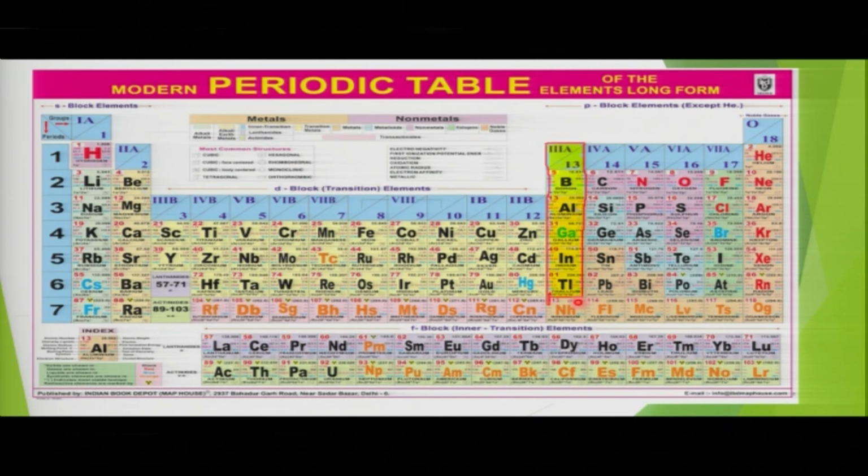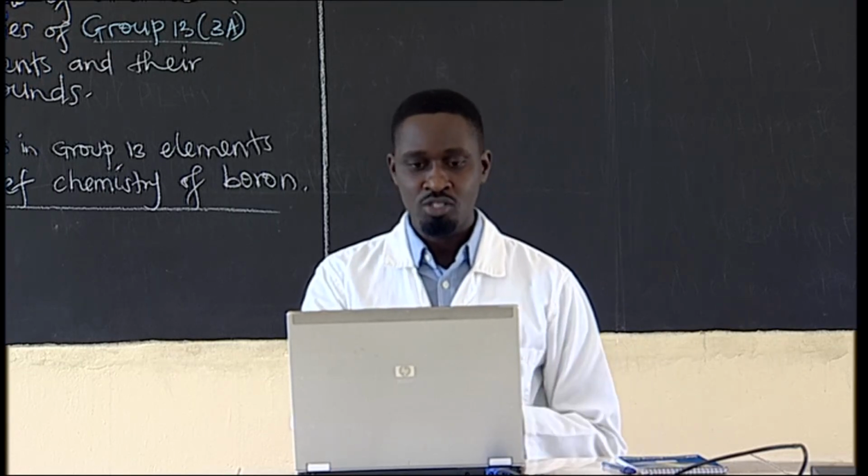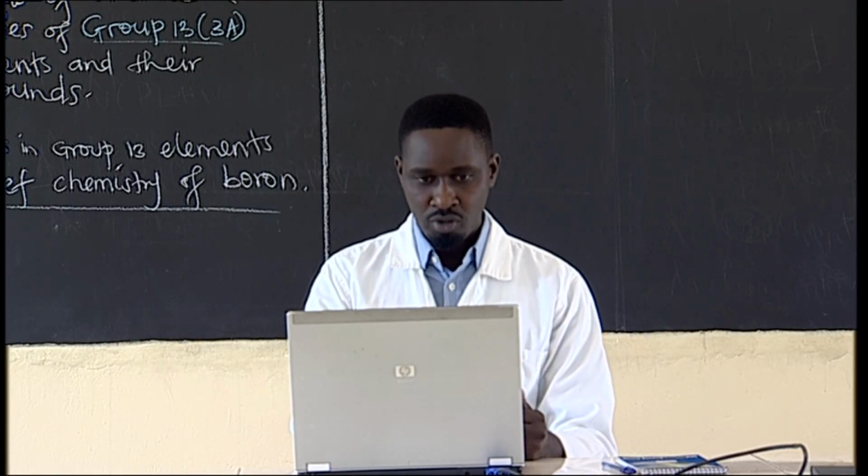We shall be using these names synonymously, saying group 13 or group 3A, and I need to explain what they imply. Let's take a look at this group 13 or group 3A. What does 13 imply and what does 3A imply? I'm pretty sure it was highlighted briefly in your previous lessons, but let's make a quick recap on that.